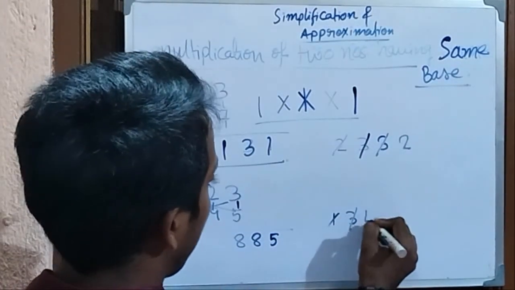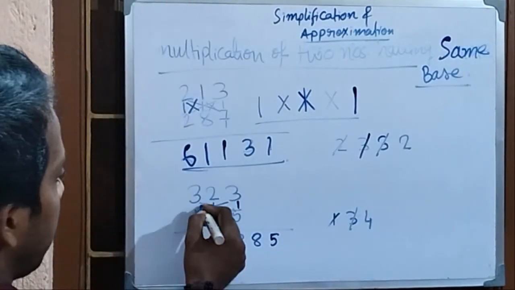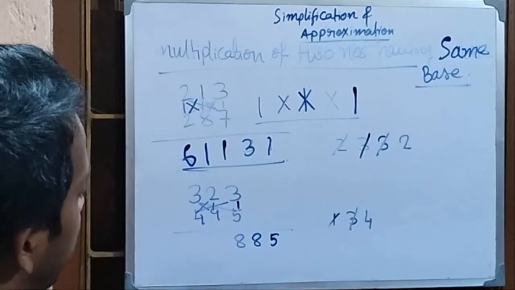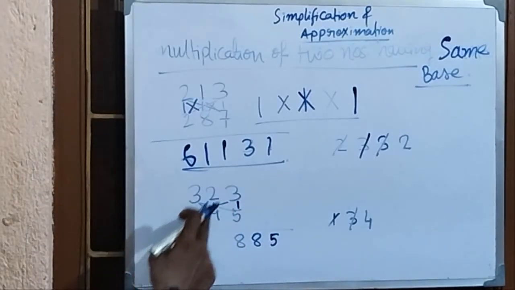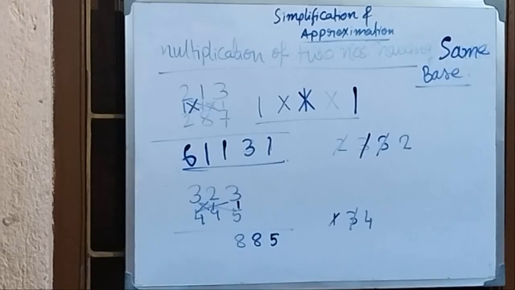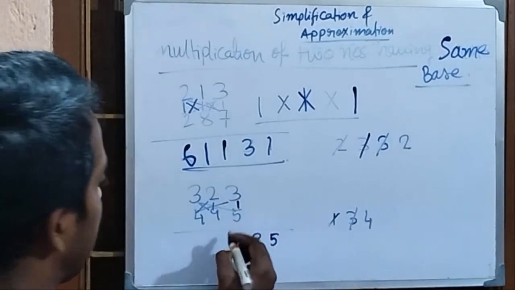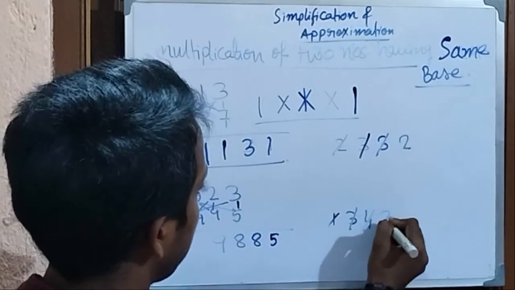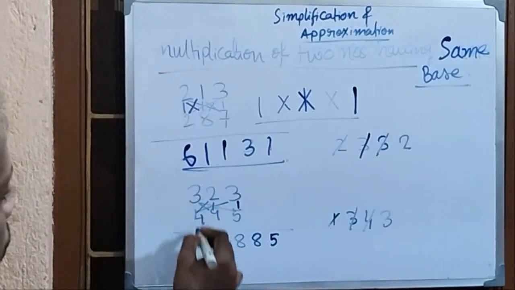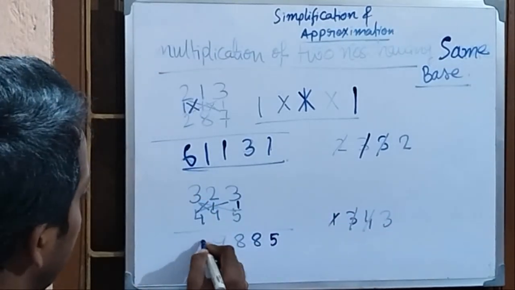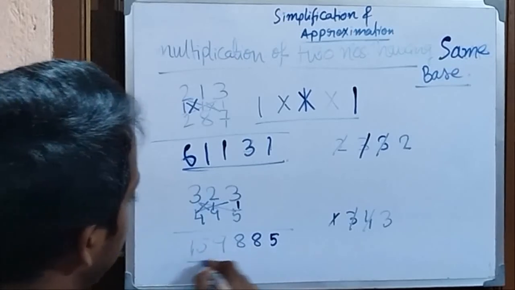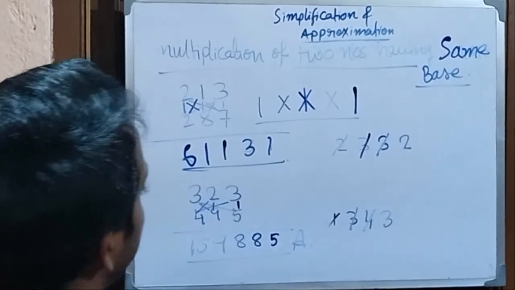So 3 is gone, 4 is in carry, again goes to the fourth operation. 3 into 9, 27, 27 plus 4 into 2, 8, 35, 35 plus 4, 39, 4 gone, 3 is in carry, and 3 into 4, 12, 12 plus 3 is 15. And 159885 is the answer here.